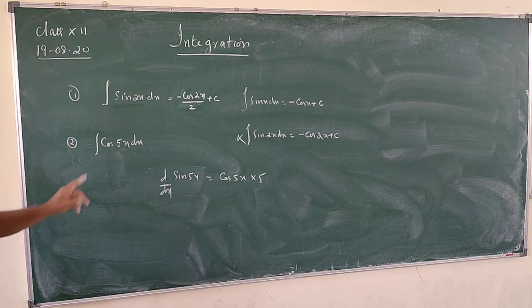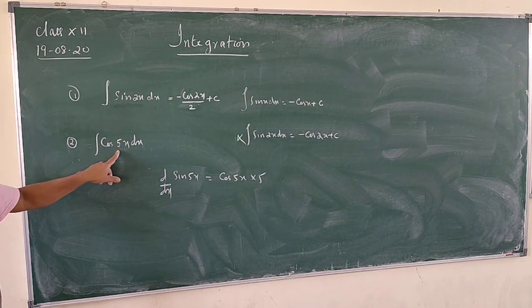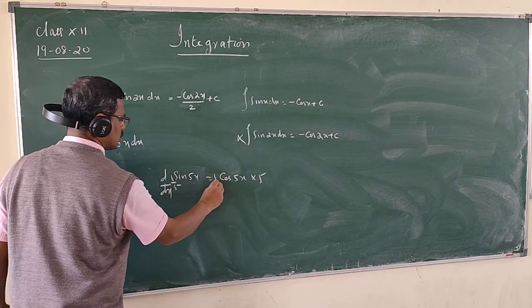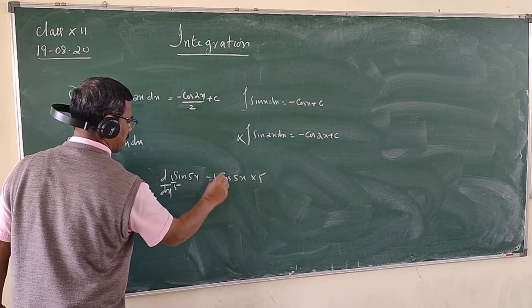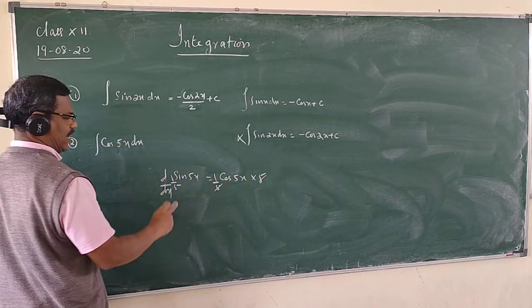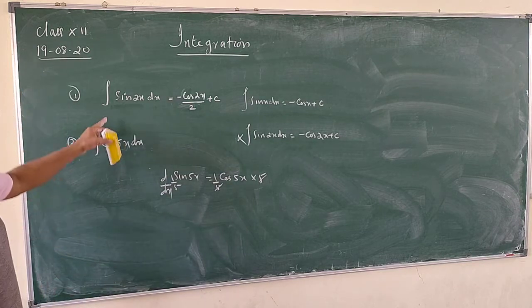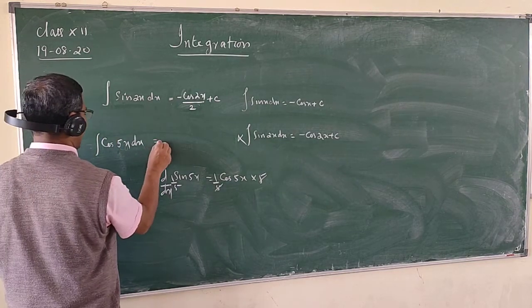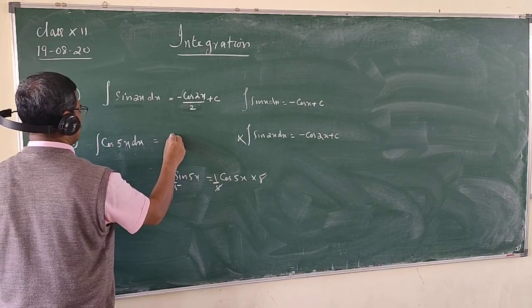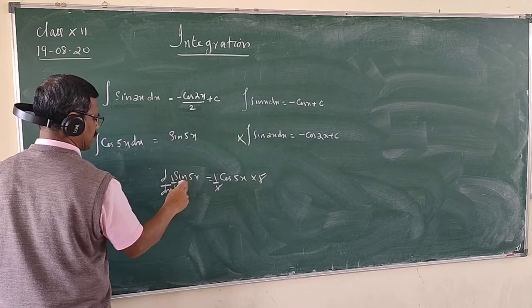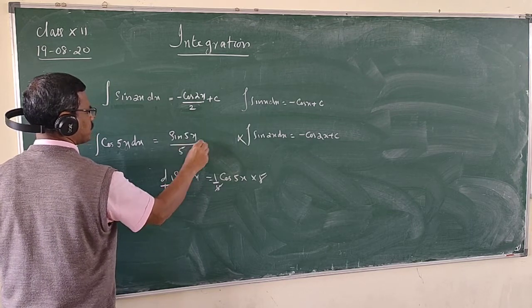So if you want to get exactly cos 5x, there should be a 1 by 5 here, so that the 5 cancels and you get cos 5x. So the answer for this one is sin 5x by 5 plus c.